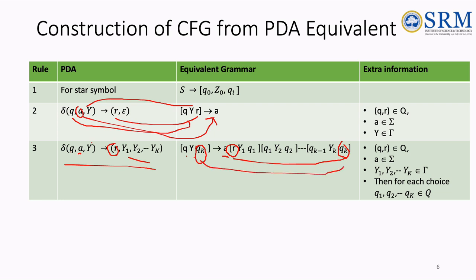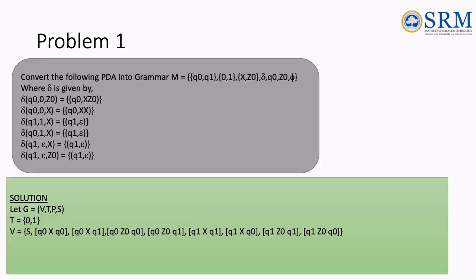This you should remember. How to arrange these Q states is like a chain. For example, if you write Q1 here, the same Q1 goes here. If you write Q2 here, the same Q2 goes here, and likewise. Then whatever symbols you have, you include them as a sandwich between these two states. I know it is very fuzzy. Once we solve the problem, you will be able to understand this.